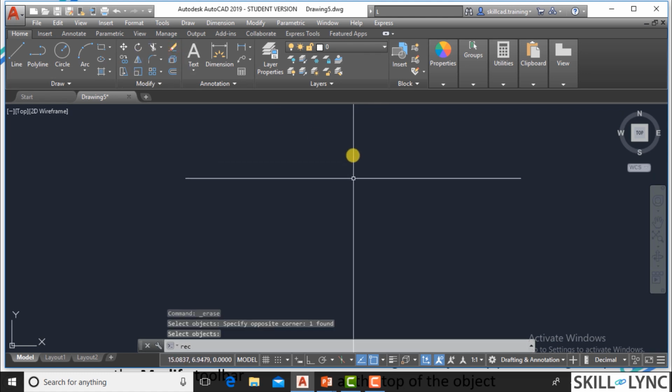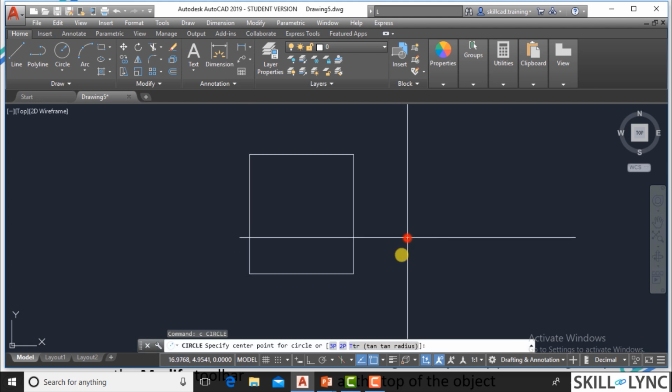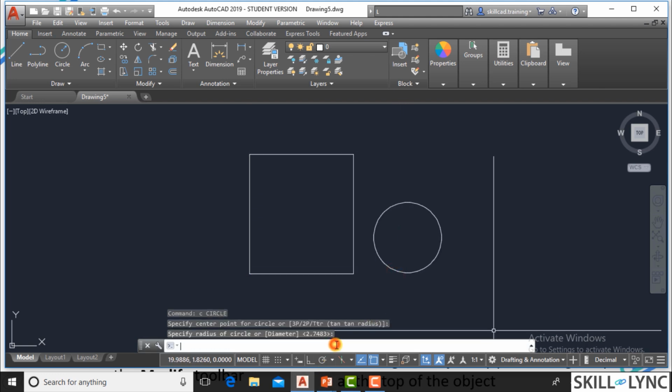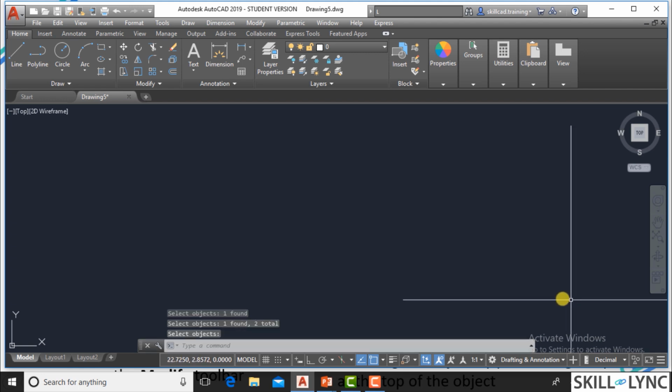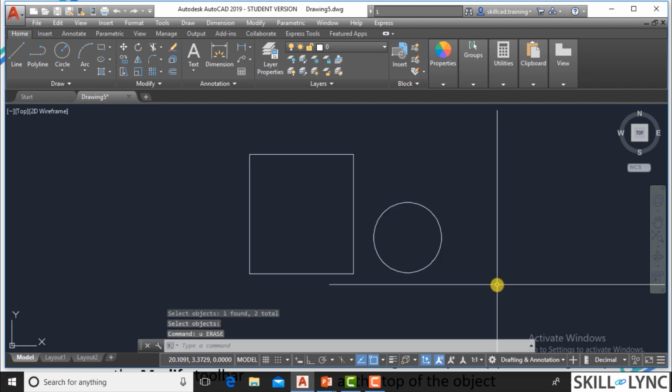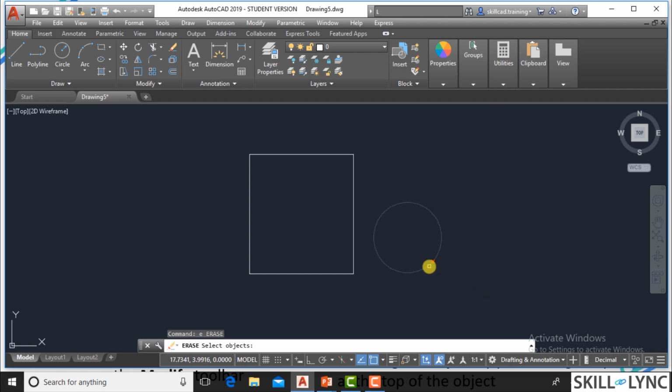But I prefer you to use the command. So go for erase, and you can click on the object to select it, and press enter. The other way is by window selection, where you can put a window and select it.